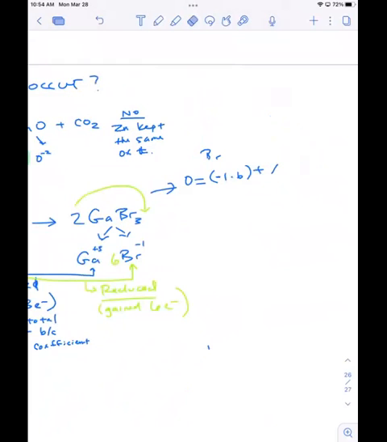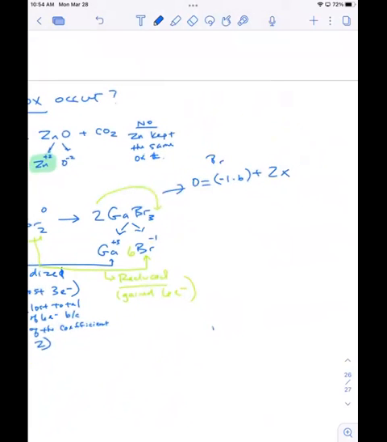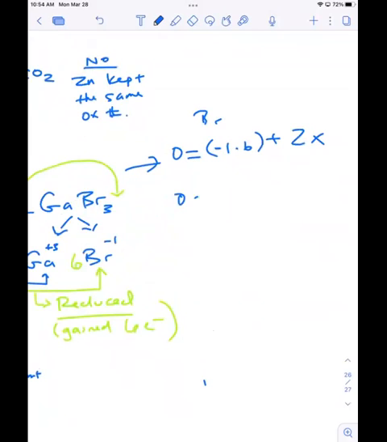Well, actually plus 2X because there's a 2 in front of gallium. I could do this the other way that we looked at as well, right? So this is going to be 0 equals -6 plus 2X. So 6 equals 2X, X equals plus 3.